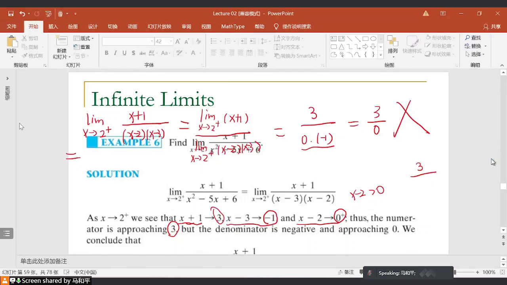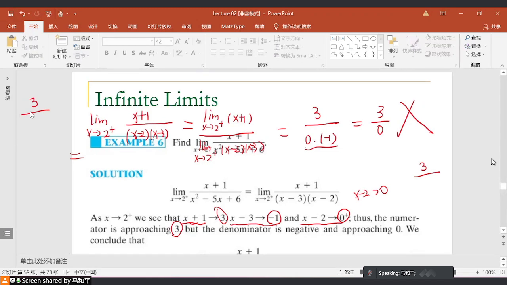Maybe I give you an example. We can think of the numerator approaching 3 and the denominator approaching 0, and it's negative, right?